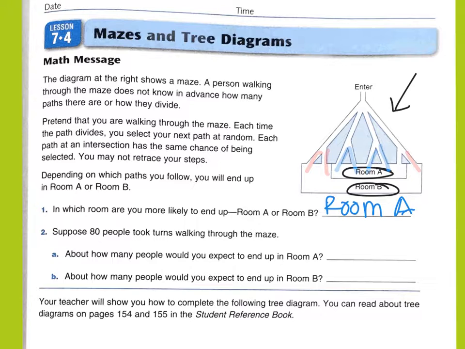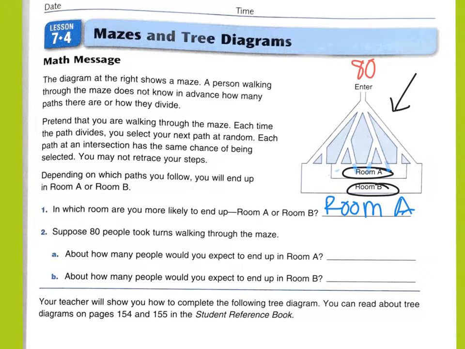Number two, suppose 80 people took turns walking through the maze. About how many people would you expect to end up in room A? So what we're going to do is take our marker here, and let's say we start with 80 at the top. Now we have an equally likely split here, so let's erase these old paths so we don't have to look at those.